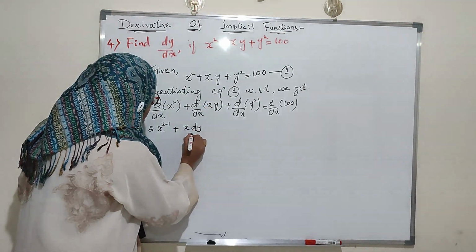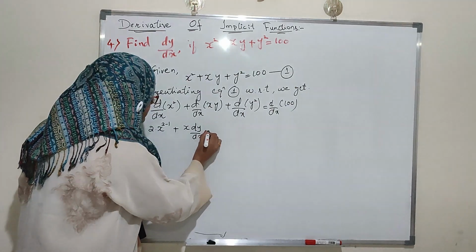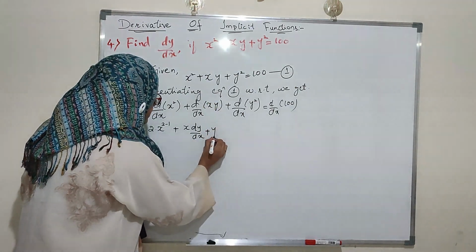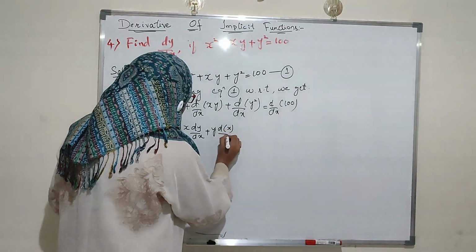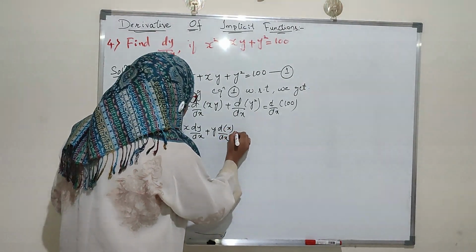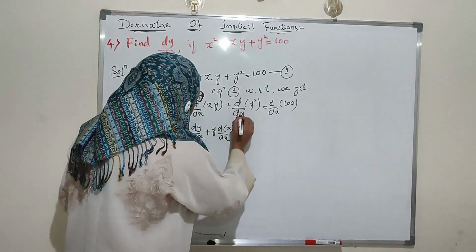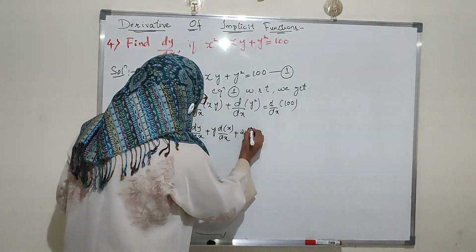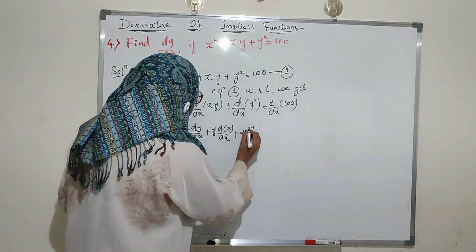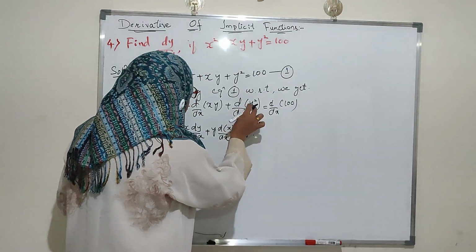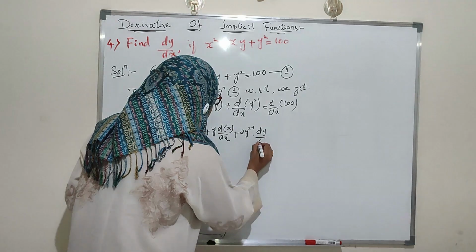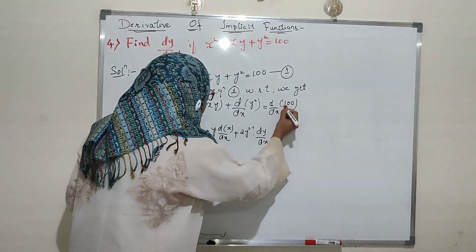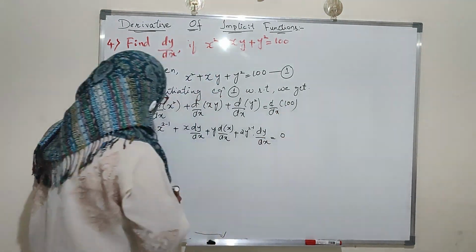Differentiation of second is dy by dx. Okay, plus keep second term as it is, differentiation of first term, dx. Plus differentiation of y square is 2 into y raised to 2 minus 1 into, again we are differentiating y with respect to x, so one more term we have to write, dy by dx, is equal to differentiation of 100 is 0.